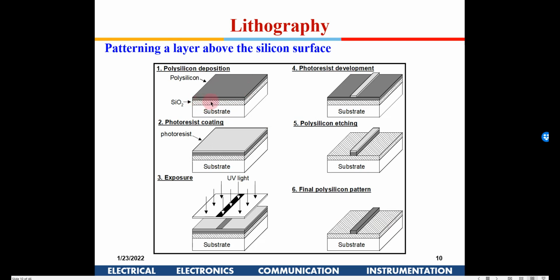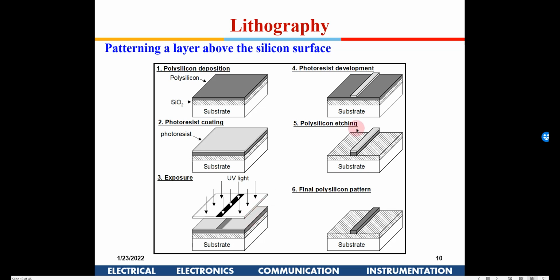Now you see a substrate is made out here. On the substrate there is silicon dioxide, and then you have a photoresist coating. Again, ultraviolet rays are passed through a mask, so that the unwanted area gets dissolved, and wherever the photoresist is required, that remains hard.